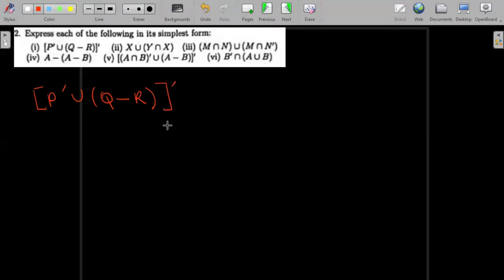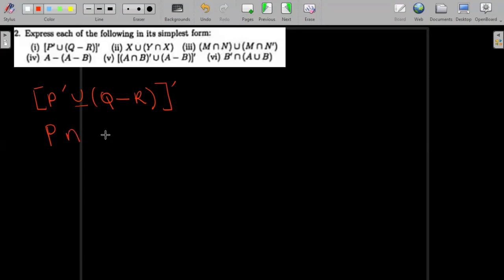To simplify this, first of all, you distribute the complement which is outside. When you distribute that complement, it multiplies with this complement, so the complement goes. Then the sign changes from union to intersection.